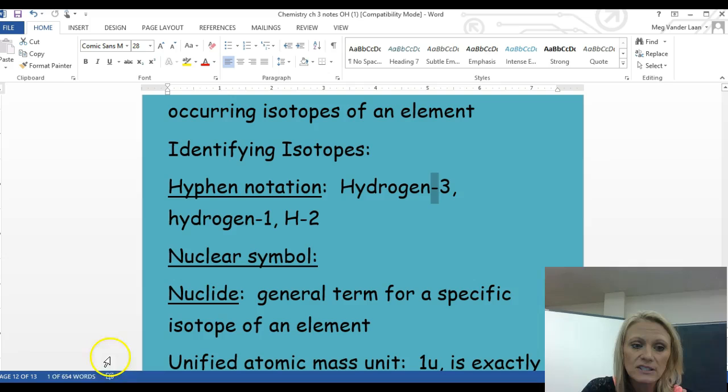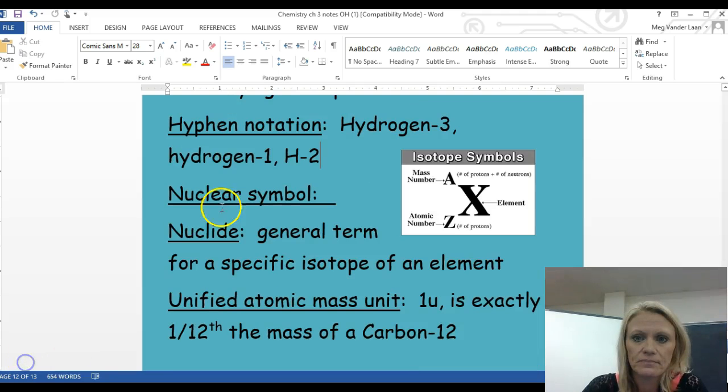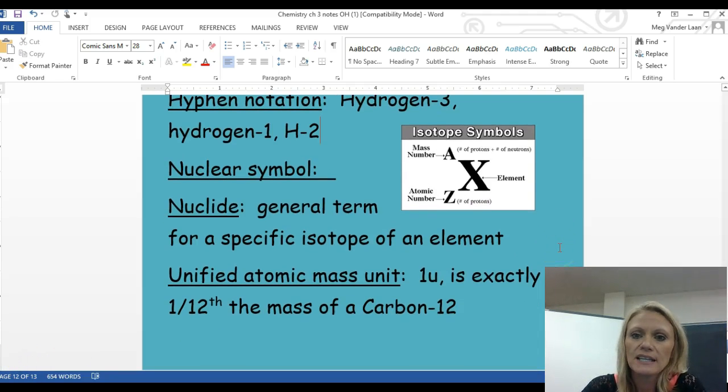The nuclear symbol is written in a different format, and I'm going to draw it and hopefully it'll stay on. Okay, I wasn't able to get it to draw on there, but I did find an isotope symbol. Now, the element symbol would go in this position, and then the mass number goes up here, and the atomic number goes down here.